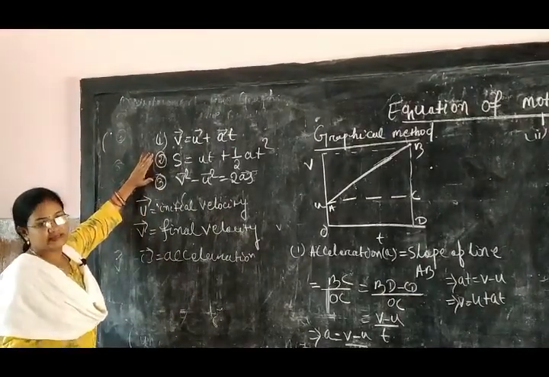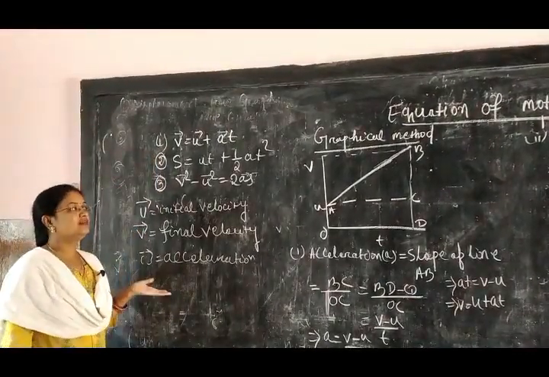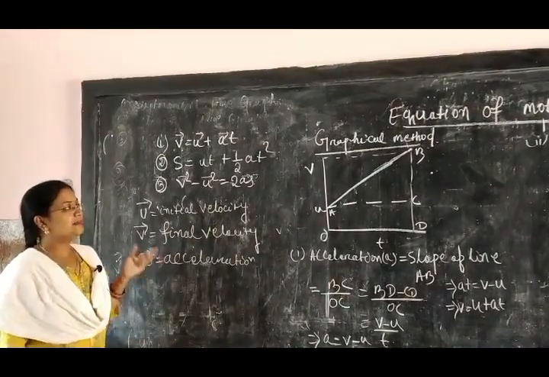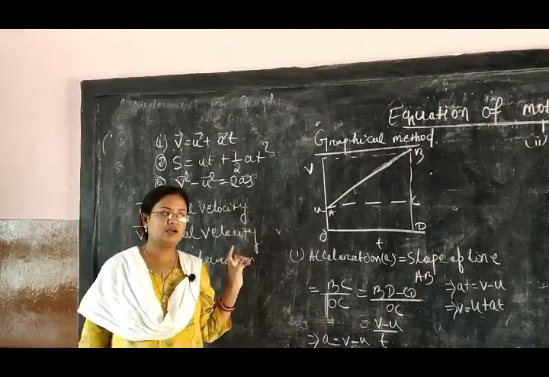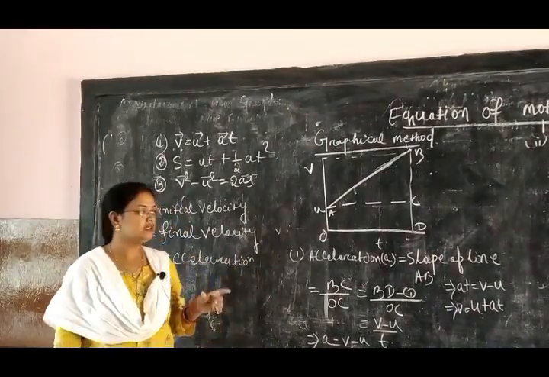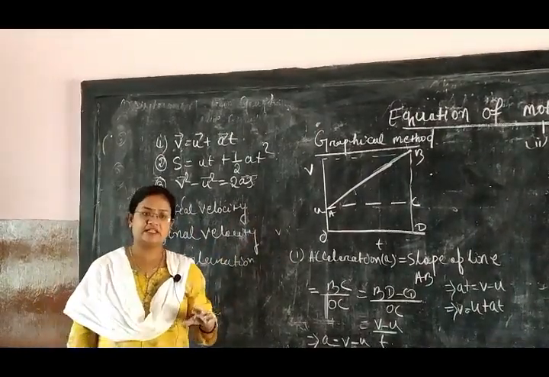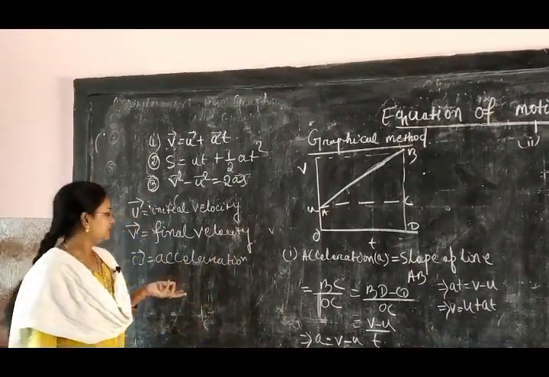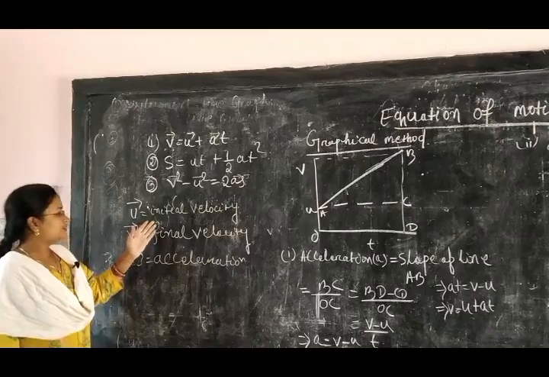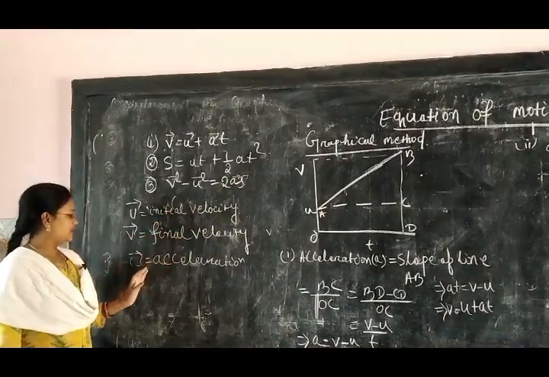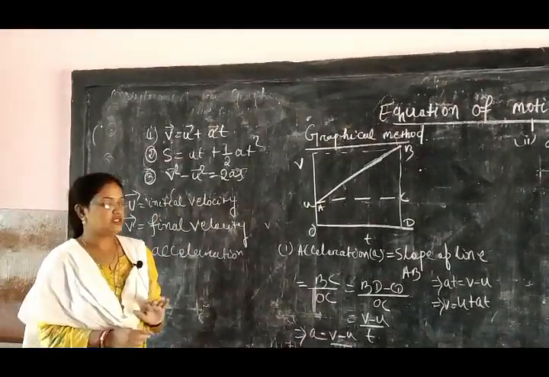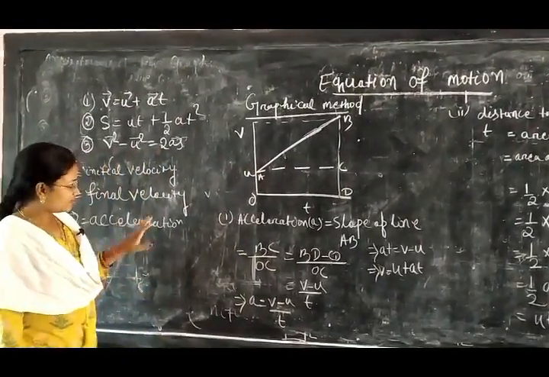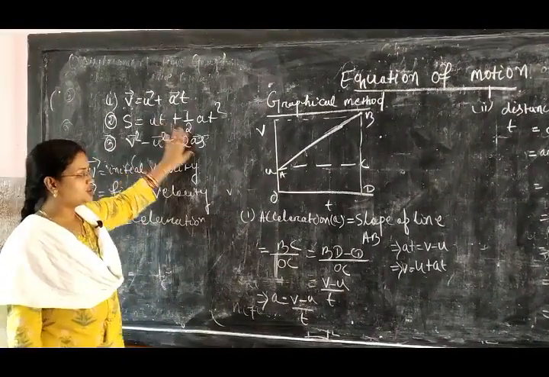In your book, two methods are there. One is the graphical method and the other is the alternative method. In your exam, if the question says solve it by graphical method, then you have to do it by the graphical method. If no method is mentioned, then you can do any method. So I have written here u is the initial velocity, v is the final velocity, and a is the acceleration. So you see how you will derive the first equation of motion.